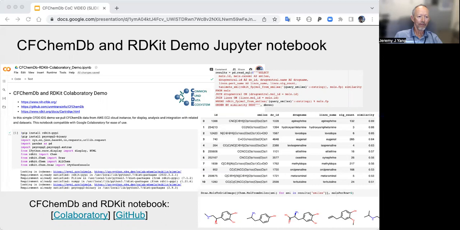Clinical relevance is conferred by disease indications from DrugCentral and anatomical and pathological cell types in LINCS. The example query shown is a similarity search for dopamine, a standard approach for discovery of new and repurposed drugs for a given disease or bioactivity area.